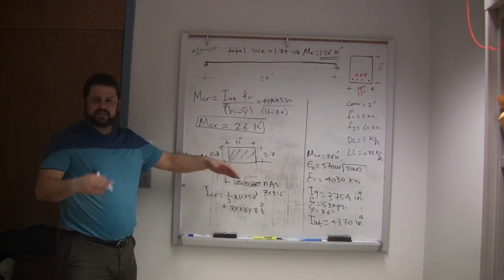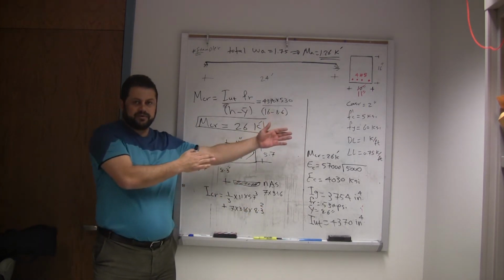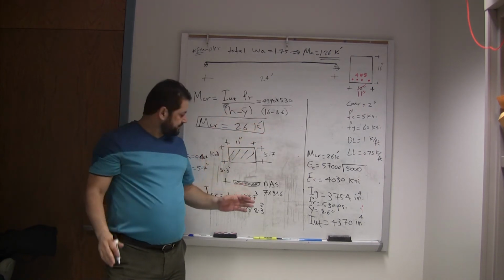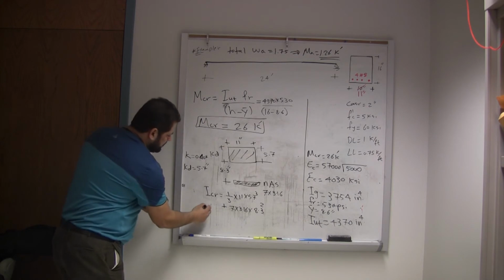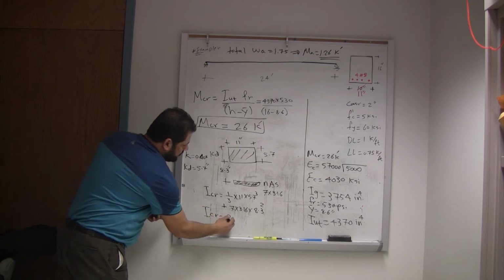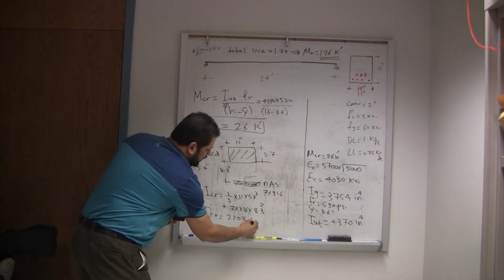I say D squared, this is the parallel axis theorem, not the D that we are using. So that's 2202 inch to the power 4.